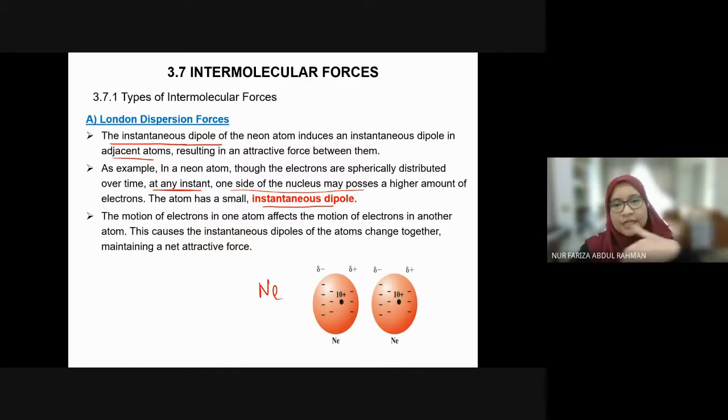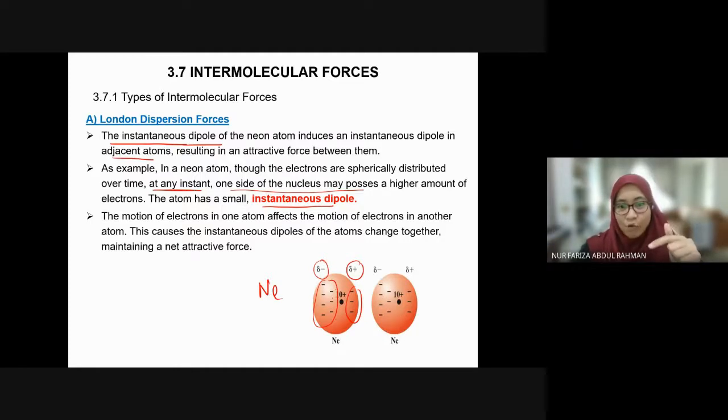Dia boleh evenly distributed and dia boleh unevenly distributed. Bila dia unevenly distributed, which means dekat kawasan one side tu become more electron than the other side. So it means that this side will be slightly negative and this side will be slightly positive. Betul tak? Dia terwujud secara tak sengaja. That's why we call it temporary dipole.